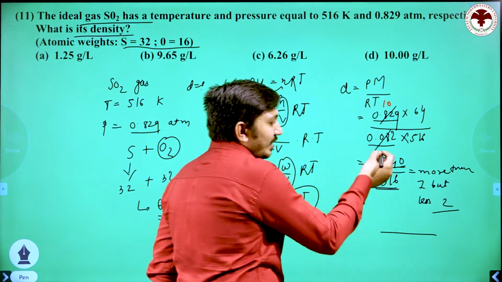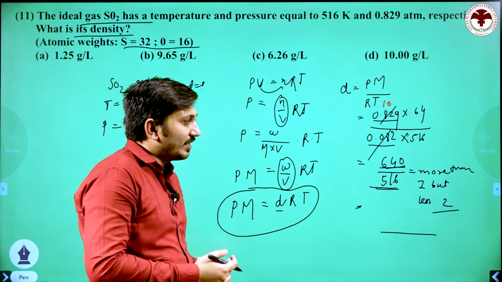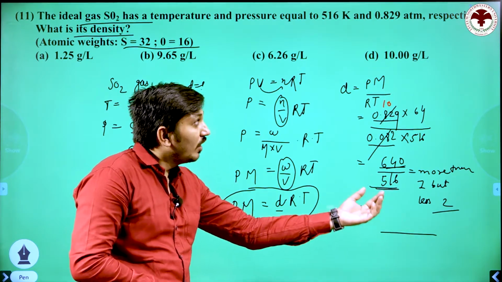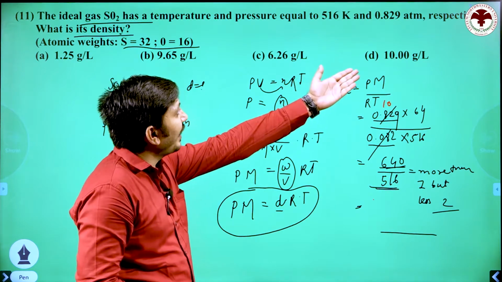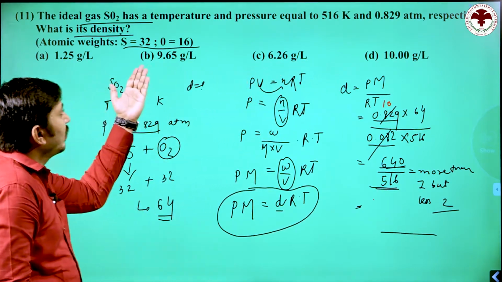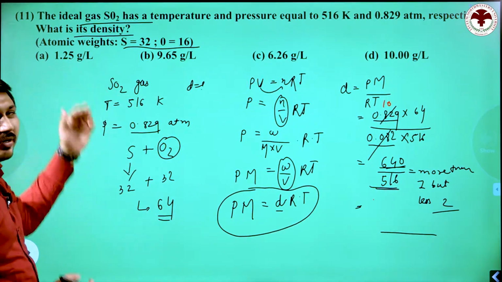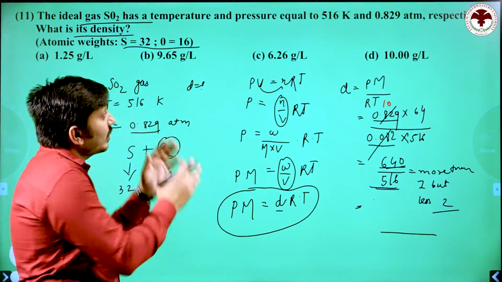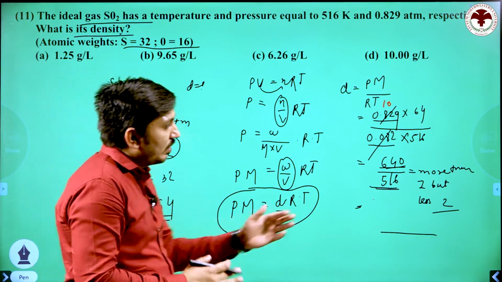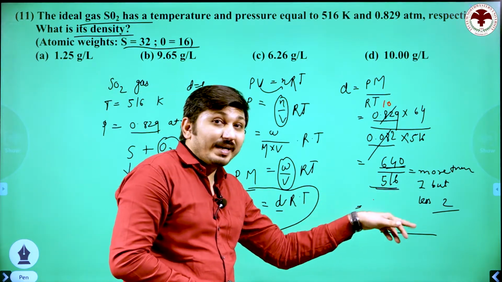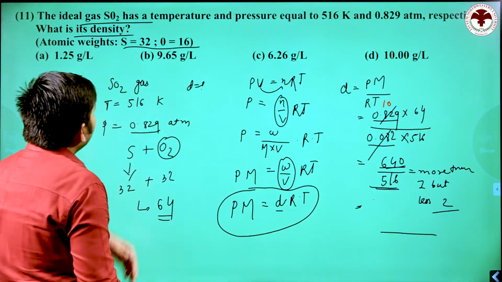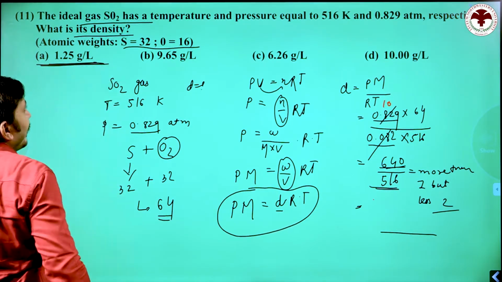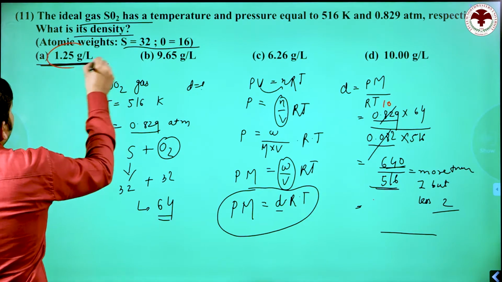The answer is around 1, not around 2. So check the options: 10, 6, 9.65 and 1.25. Think about which is the correct option. Our answer is more than 1 but less than 2, so according to these options, only 1.25 is the correct option.